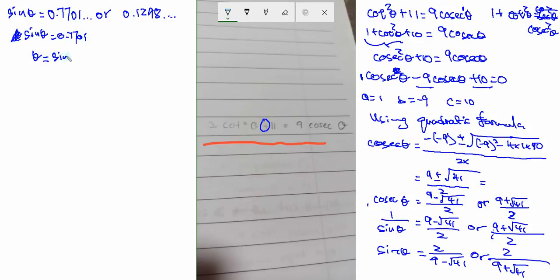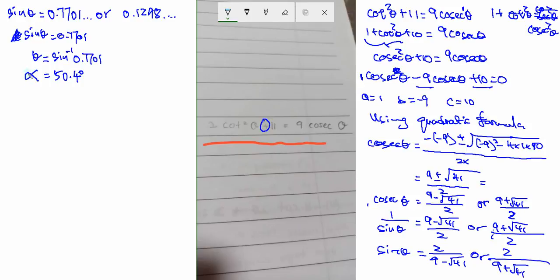Therefore theta equals sine inverse of 0.7701, which is 50.4 degrees. Okay, this is the basic angle.